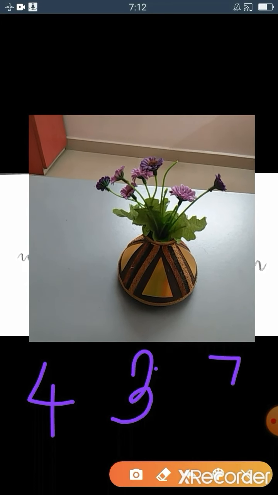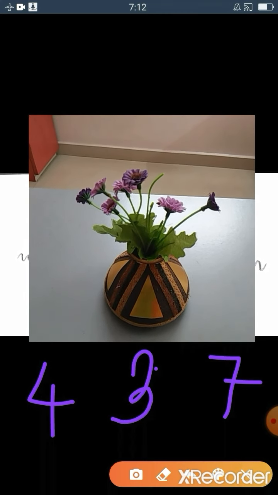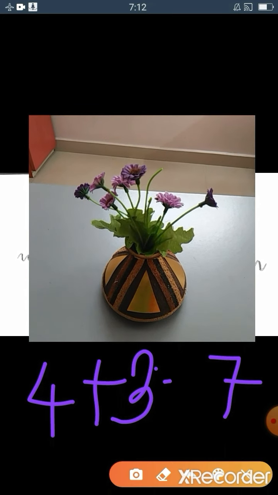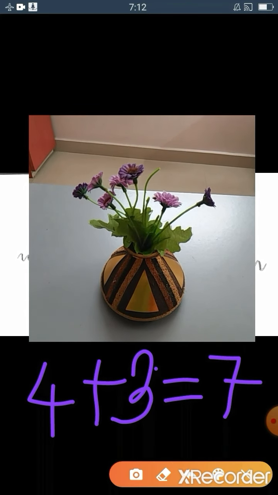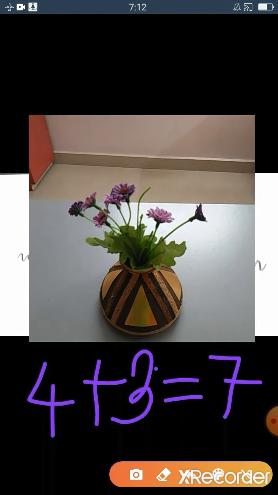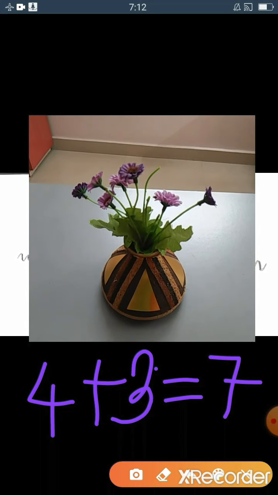So there are 7 flowers in this vase. So what did I get? 4 flowers and 3 flowers is equal to 7 flowers. So I think you must have understood. We are going to study today chapter number 2, that is addition.